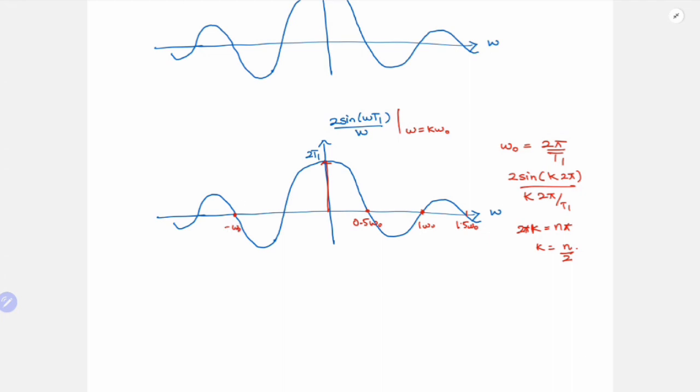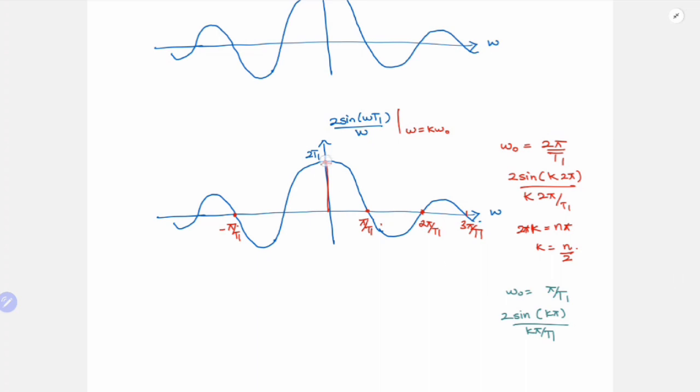Now if we take omega naught equal to pi by t1, then you will get 2 sine of k pi by t1. Even here, what happens? If I write in terms of omega, the samples will be at pi by t1, 2 pi by t1, 3 pi by t1, and so on. This is again minus pi by t1.